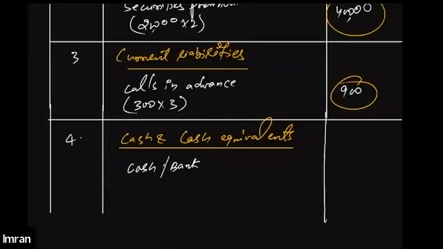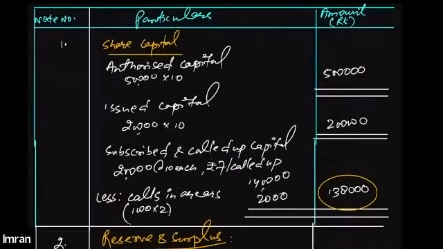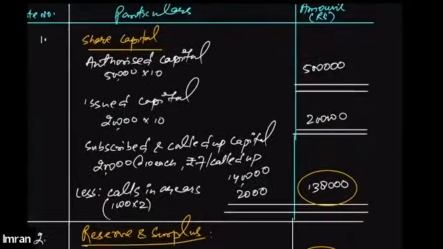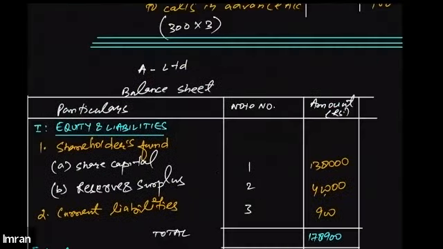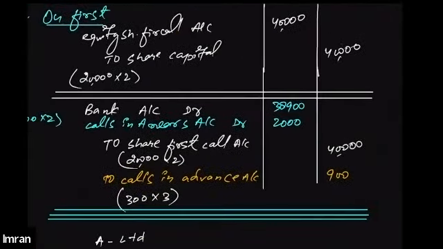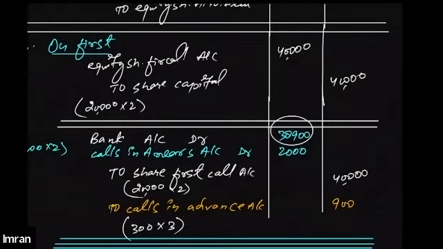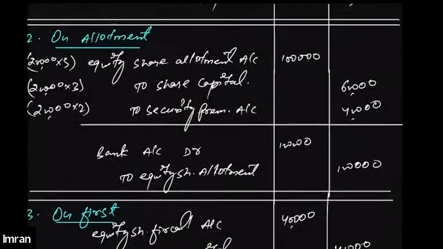Total amount that is collected on account of issue of share is how much? We have to consider the journal entries. So we collected 38,900 on the final call, first call. Then on allotment we collected 1 lakh.